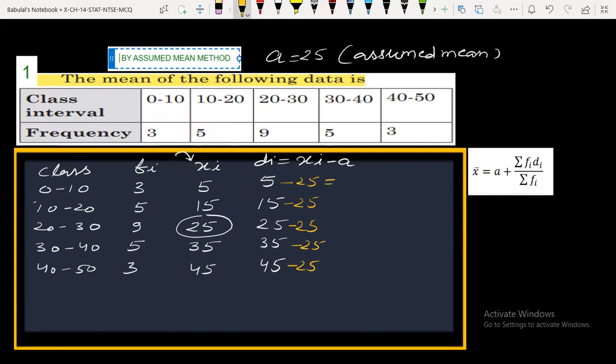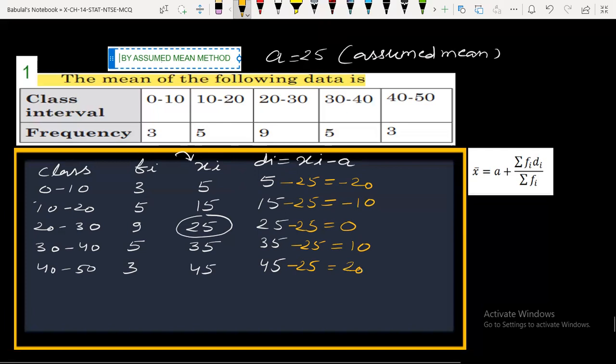Then you will get 25 minus 25 is 0. 15 minus 25 is minus 10. 5 minus 25 is minus 20. 35 minus 25 is plus 10. And 45 minus 25, that is 20.